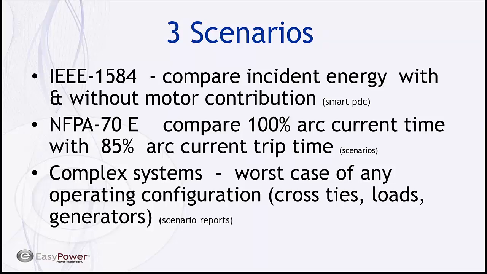And then finally, a less specific but more generic and very often more restrictive scenario is when you're considering complex systems that have multiple voltage sources, cogeneration, standby supplies, and cross connects and cross ties.